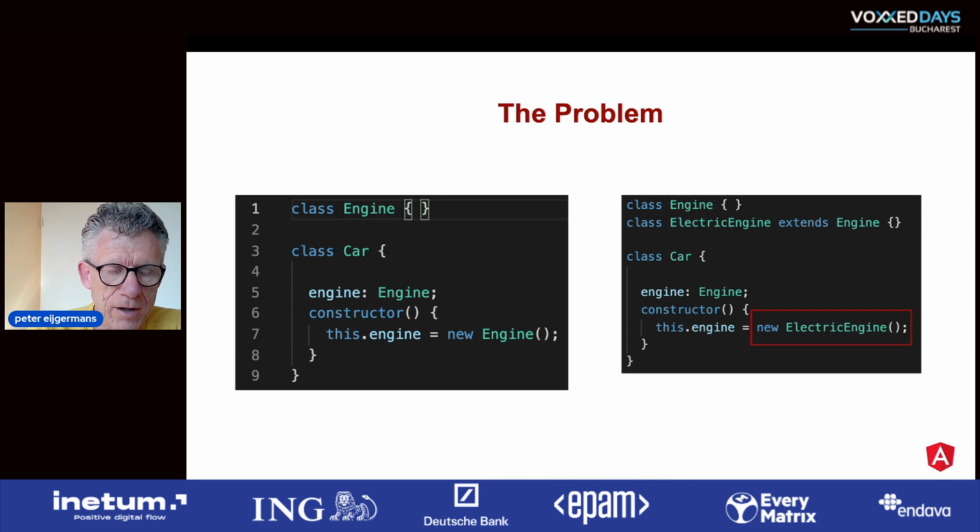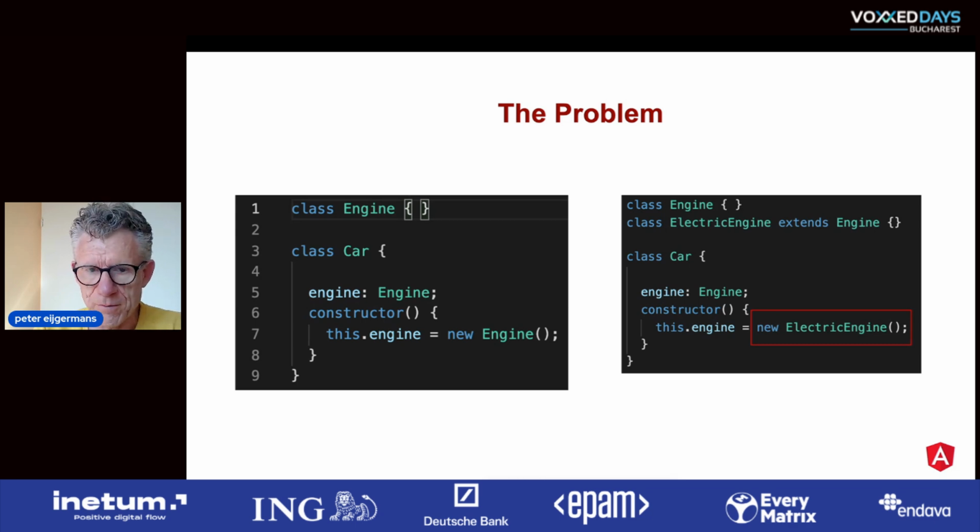The car has a dependency, an engine or electric engine, but it is very static, and the car is also responsible for creating the instance of the engine, the dependency. That is not what we want, of course, because this is very difficult to test.